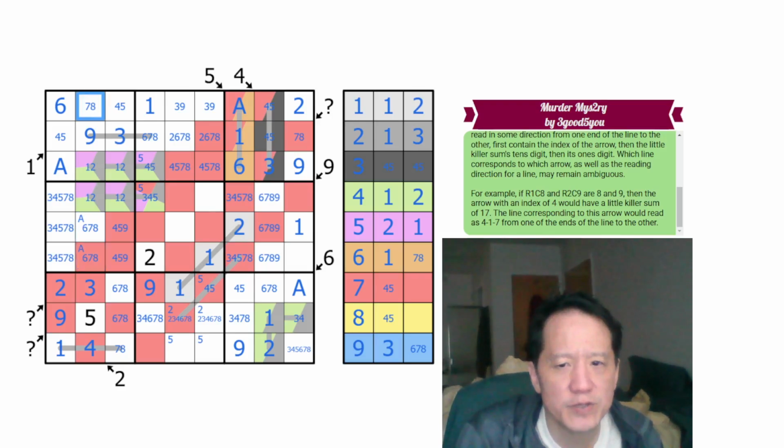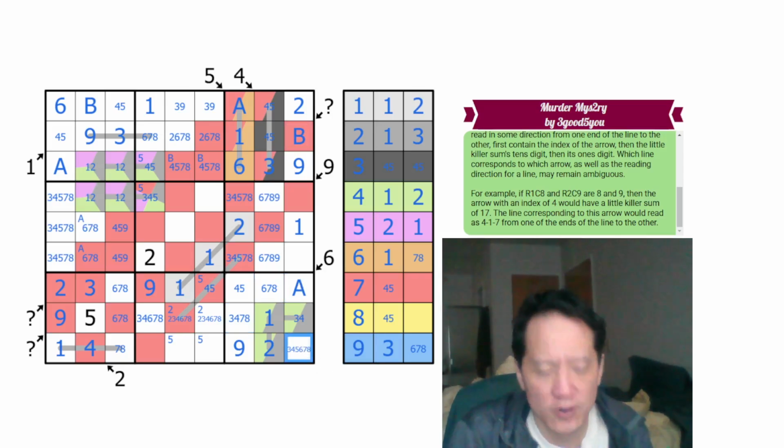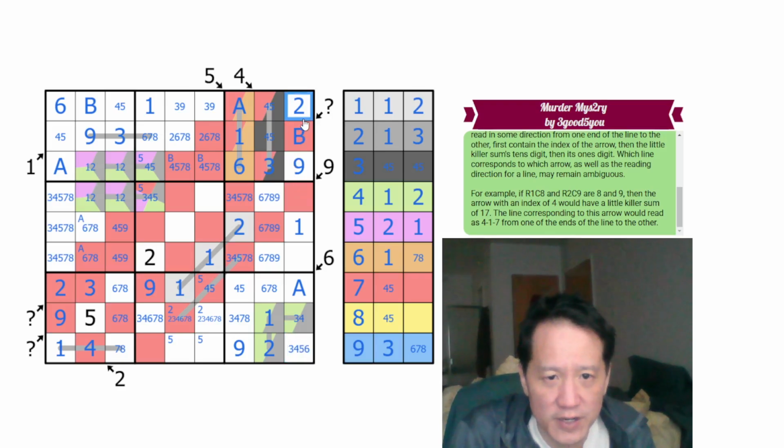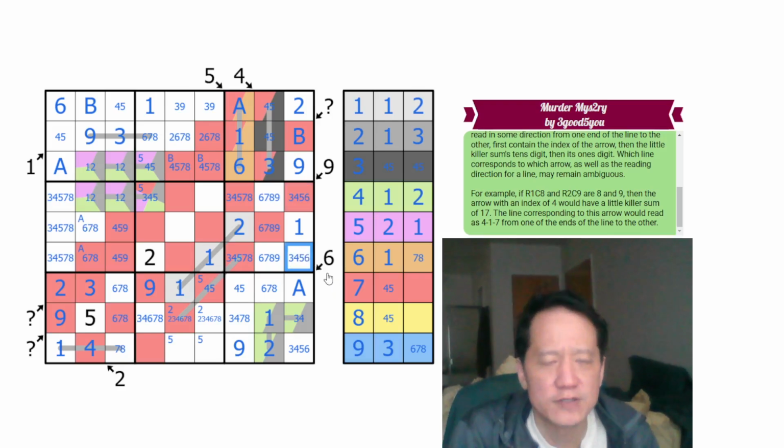So this is B. One of these two is B. Oh, this is B and this is A. That's a 7, 8, 7, 8 pair in column 9, which eliminates 7 and 8 from the rest of the column. So this is 3, 4, 5, 6, 3, 4, 5, 6.